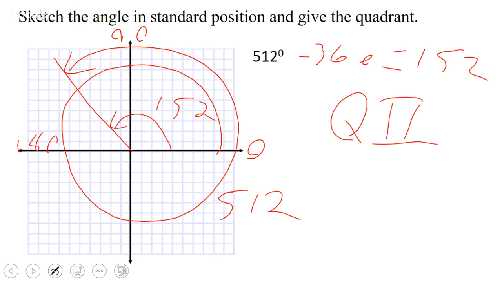You see the difference between 152 degrees and 512? They're coterminal. They have the same position in that quadrant, but the coterminal angle goes around and through the angle and back to it. Okay, because you subtract 360. So that is a coterminal angle.